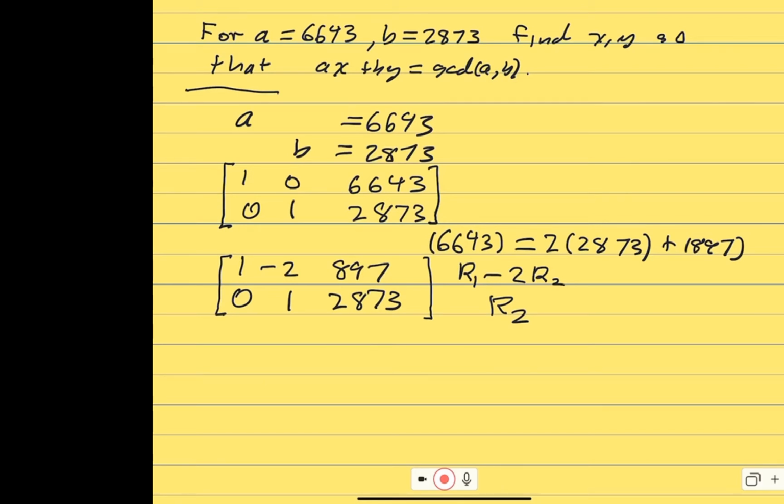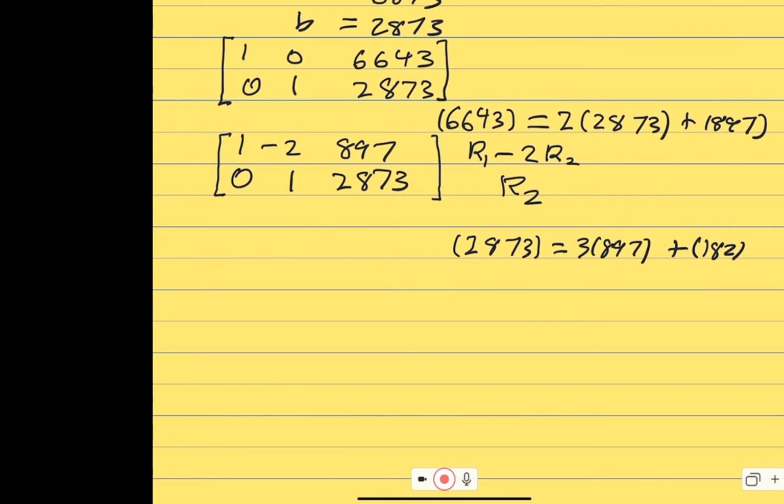Now again, I'm going to divide the smaller into the larger, and I have then 2873 is 3 times 897 plus 182. So I'm now going to get a new matrix doing row operations, where this time I'm going to leave the first row alone, and I'm going to take row 2 minus 3 times the previous row 1.